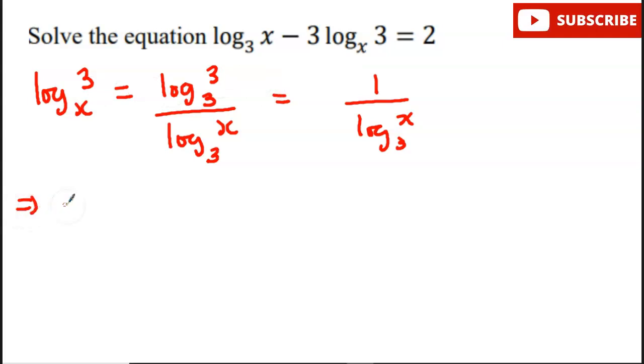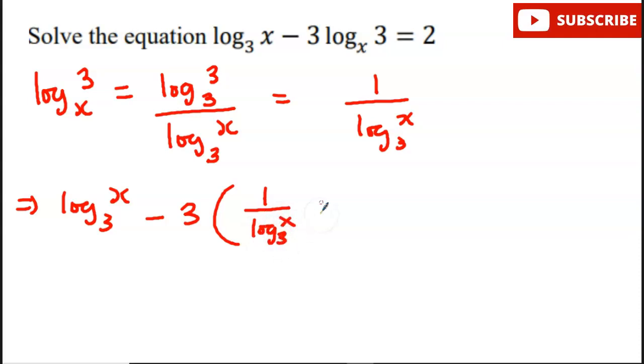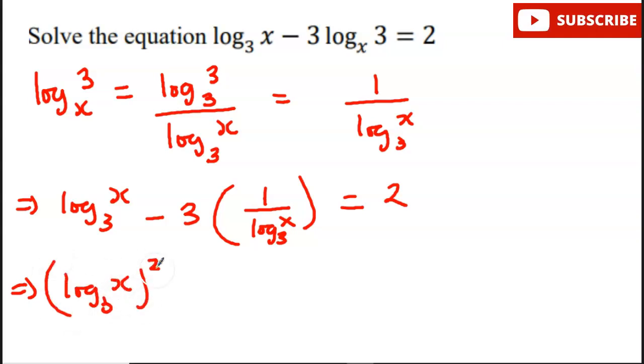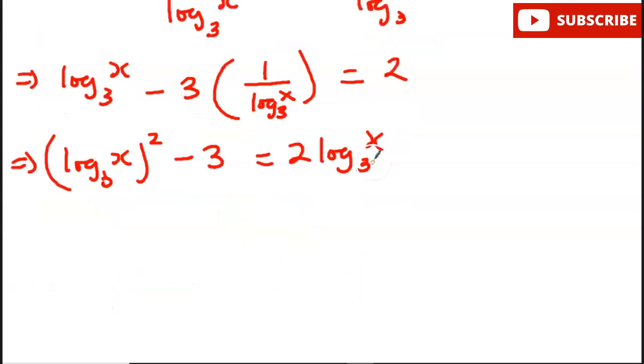The equation becomes log x to the base 3 minus 3 times 1 on log x to the base 3, which is equal to 2. So when you cross multiply, we are going to have log x to the base 3 all squared minus 3 is equal to 2 log x to the base 3. So we can bring this one to this side.